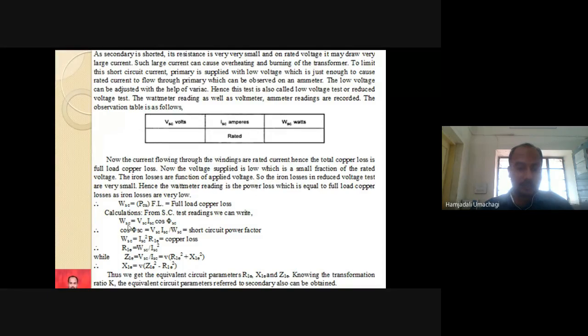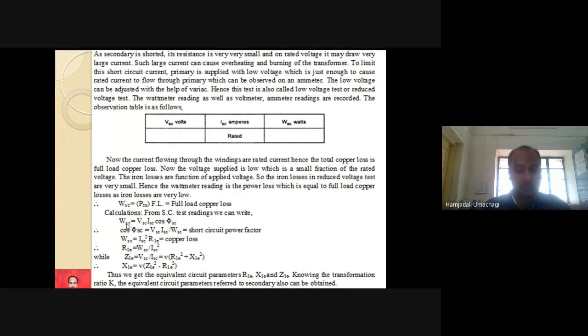We know that single phase AC power is given by W equals VI cos phi. Correlating this with short circuit test conditions, W is written as WSC, V as VSC, I as ISC, and cos phi as cos phi SC. I know WSC, VSC and ISC. The only unknown parameter is the short circuit power factor, cos phi SC.